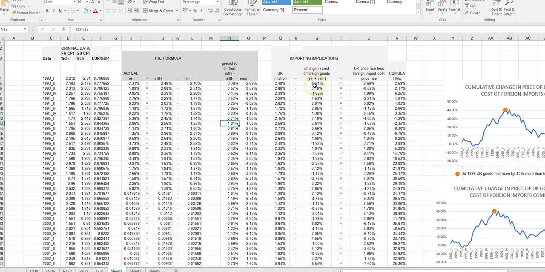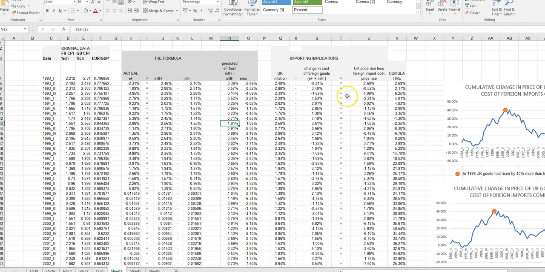So because of the change in the currency, the net cost was virtually unchanged, in fact went down a little bit. But in the next year, UK inflation was 2.88, and the price of the euro goods went up by 3.4.